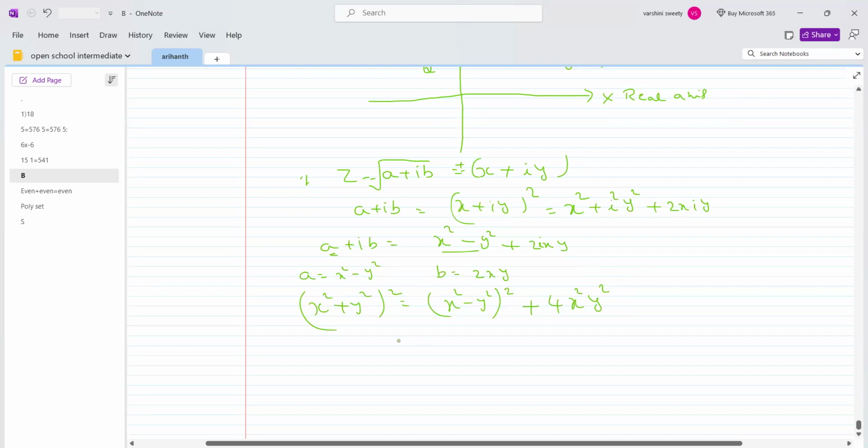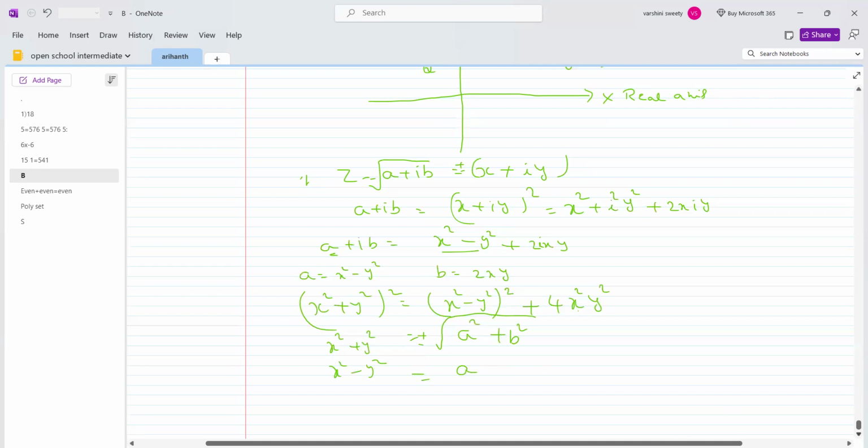So x square minus y square is a, and 2xy is b. So x square plus y square whole square equals a square plus b square, so x square plus y square equals square root of a square plus b square. We have one more equation, x square minus y square equals a.